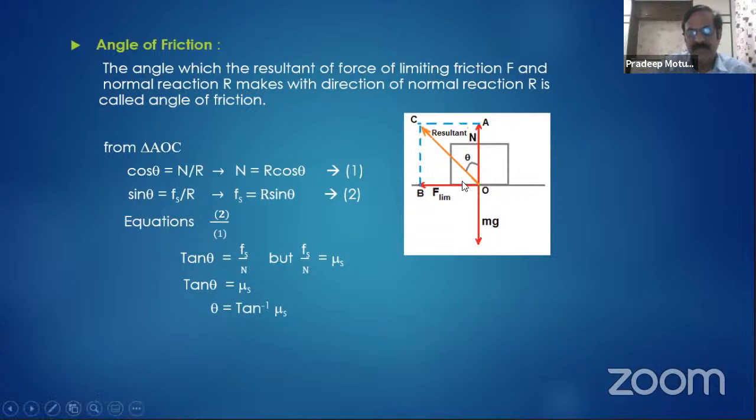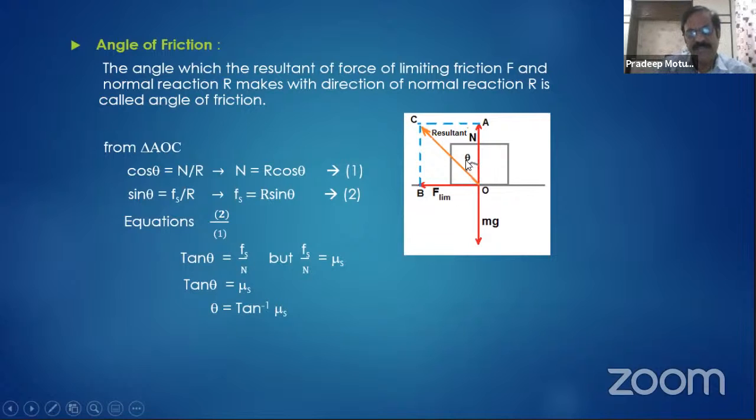Here, one thing I want to explain: why are you taking theta here, but not there? Suppose you apply the force, the frictional force increases. When the frictional force increases, the resultant vector slope also increases. That means theta also increases.